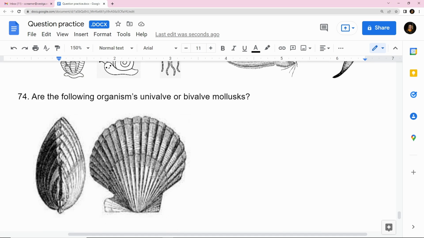What about 74? Are the following organisms univalve or bivalve mollusks? Here you can see one and two parts to this mollusk shell. These are bivalve mollusks. The picture on the right is showing just a front view.